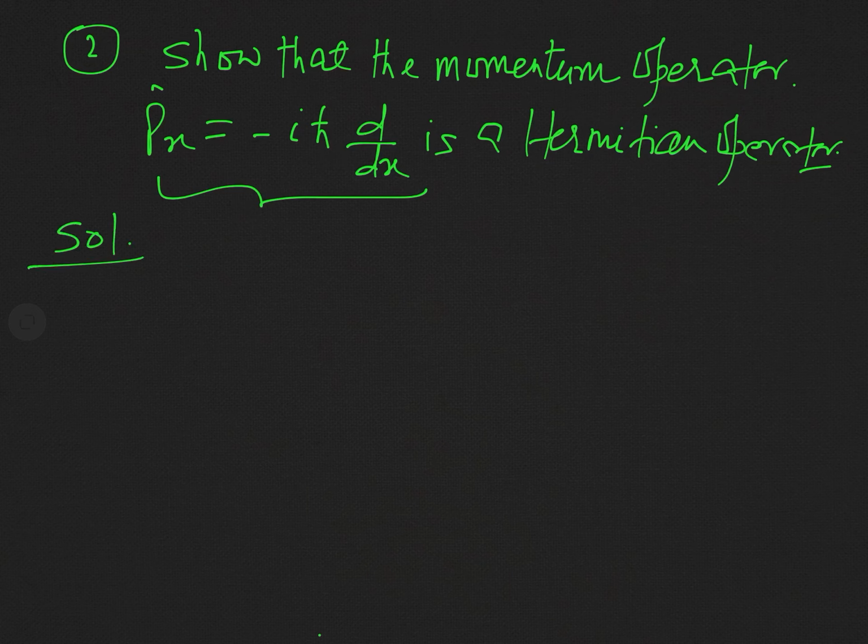We can solve this problem in very easy steps by following the property of a Hermitian operator. So, to prove this operator is Hermitian, let us consider two arbitrary functions just like in the previous problem.